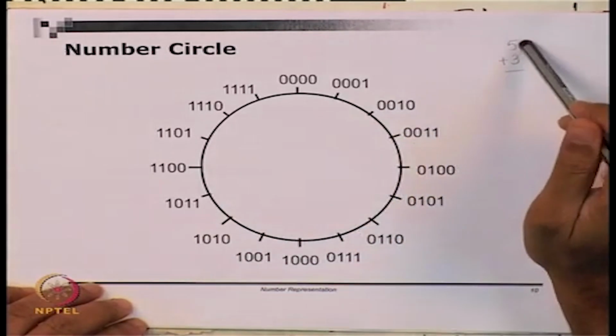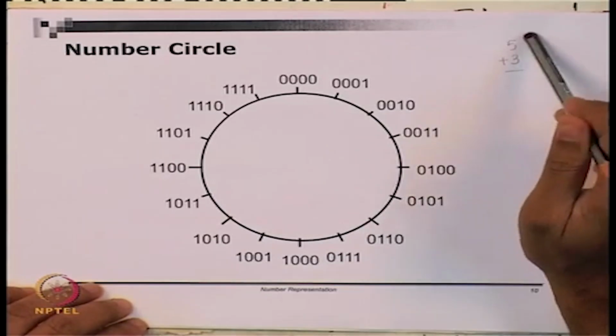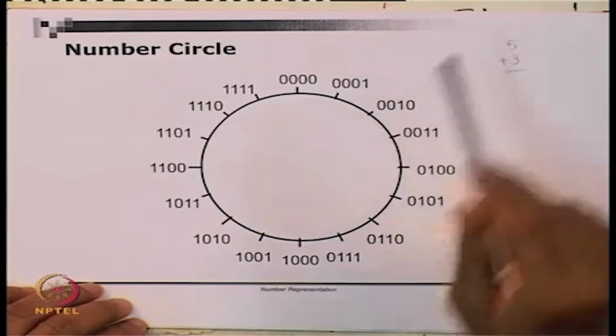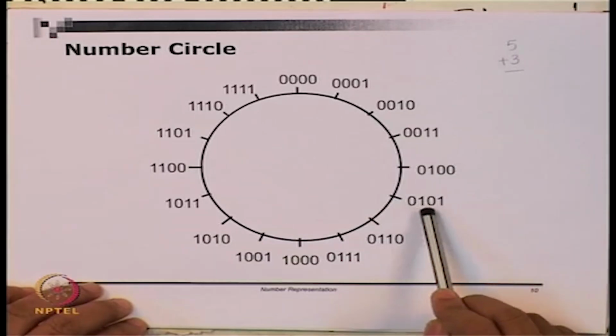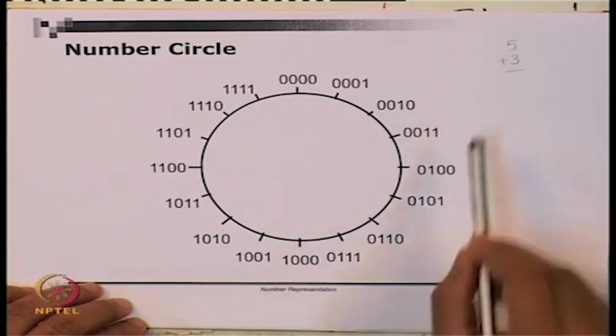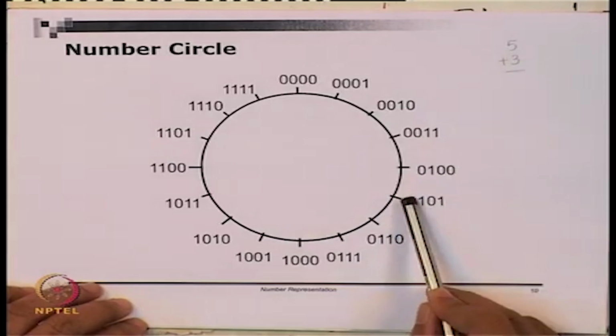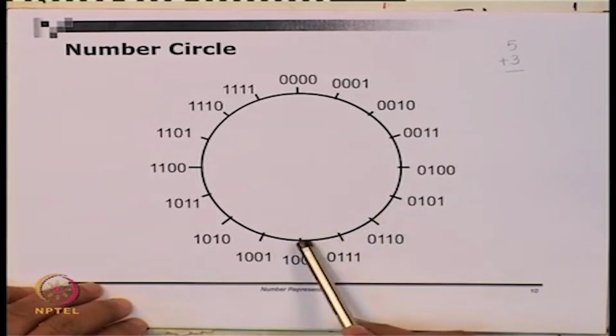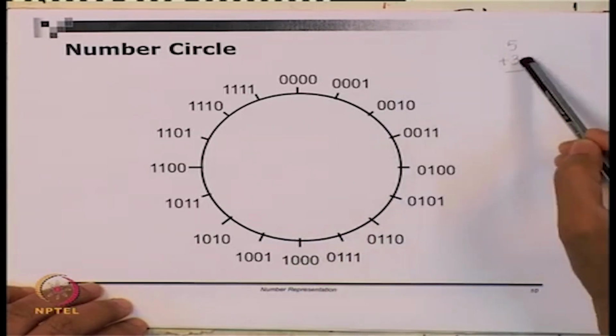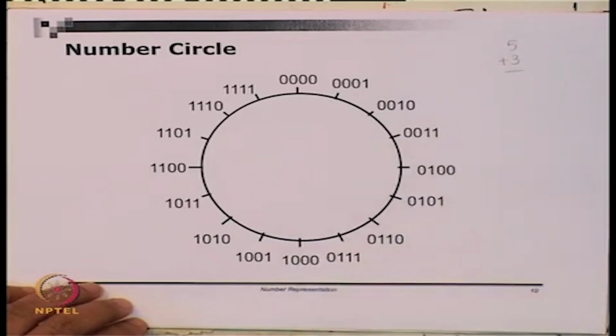You start with the representation for 5, which is 0 1 0 1. If you have to add 3, you go 3 steps forward, 1 2 3, and this 1 0 0 0 is the binary representation for 5 plus 3, which we know is 8.